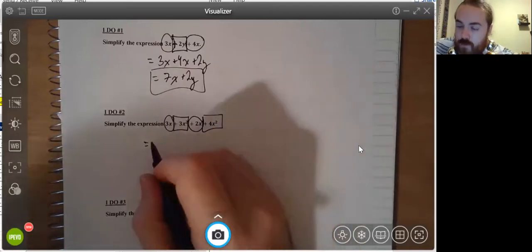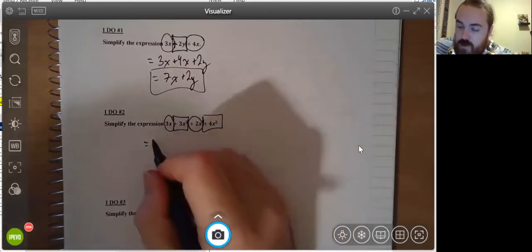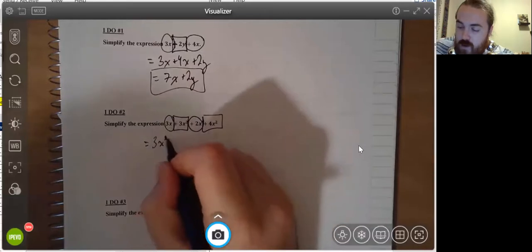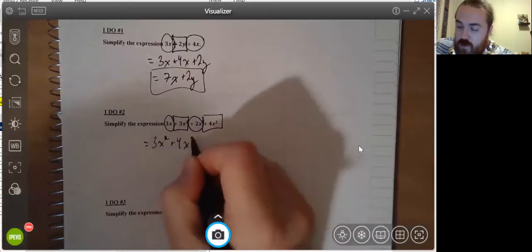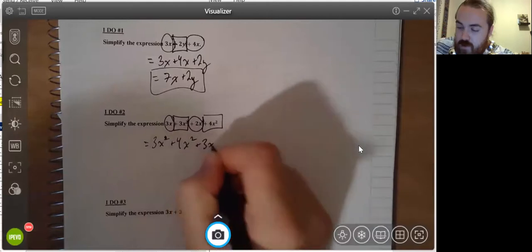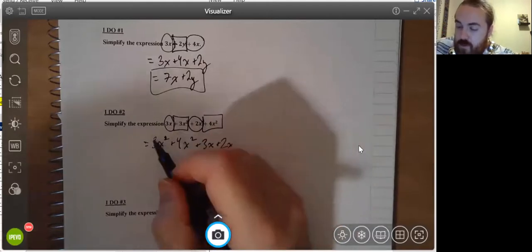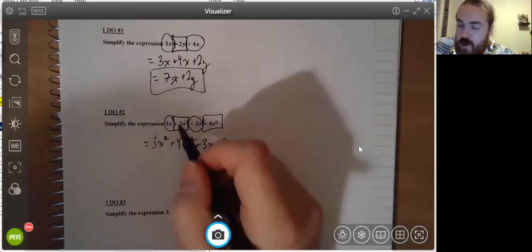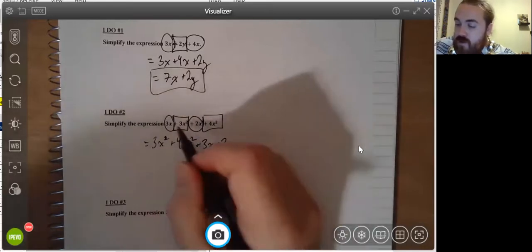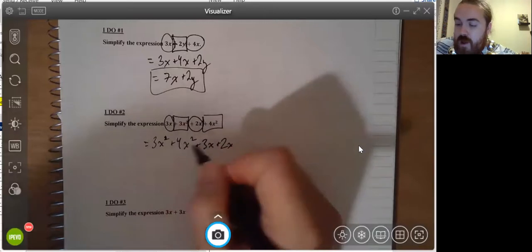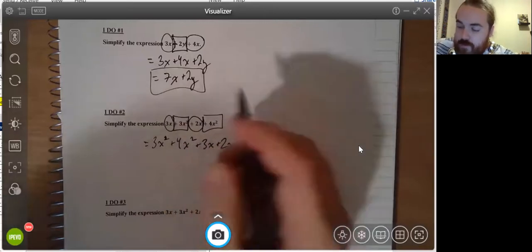I'm going to put 3x squared plus 4x squared plus 3x plus 2x. Notice this came to the front. Well, plus just means positive, so it became positive. This 3x moved over here. Again, it's positive, so it's a plus.